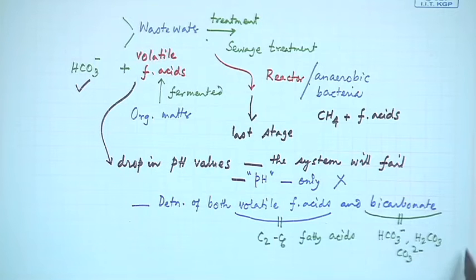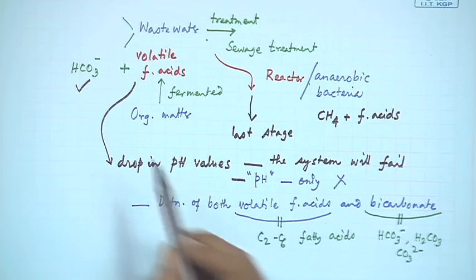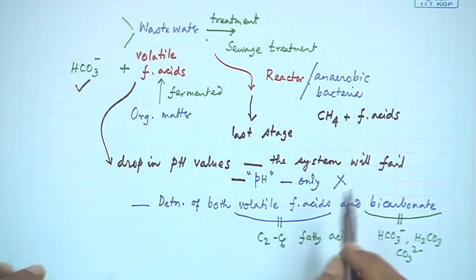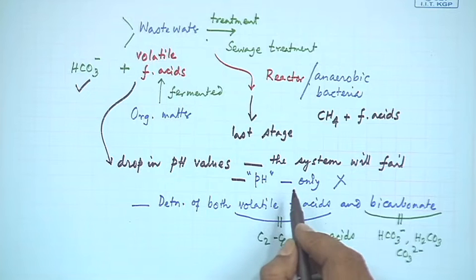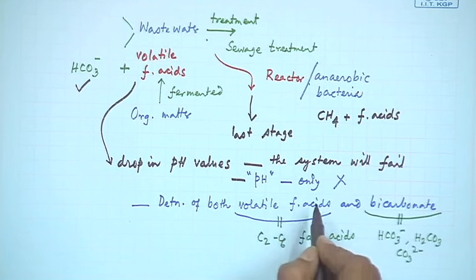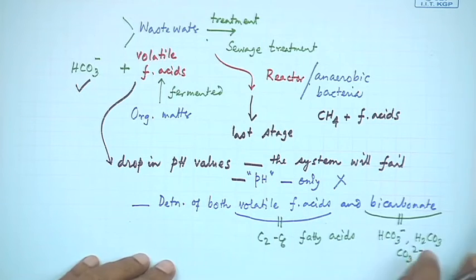The total quantity of these carbonate species, the bicarbonate species and the fatty acids, we can determine by this titrimetric method. Sometimes simple pH determination will not help us much. We should do certain other things so that we can have a very good idea about the quantity of the individual species forming in this medium.